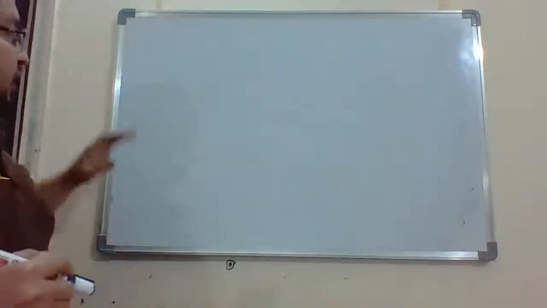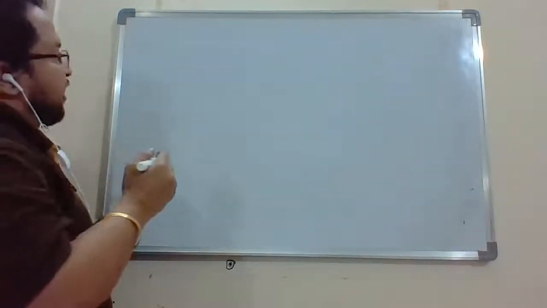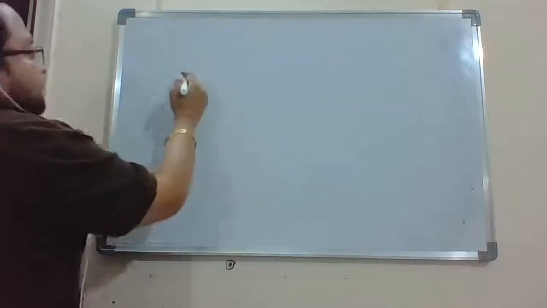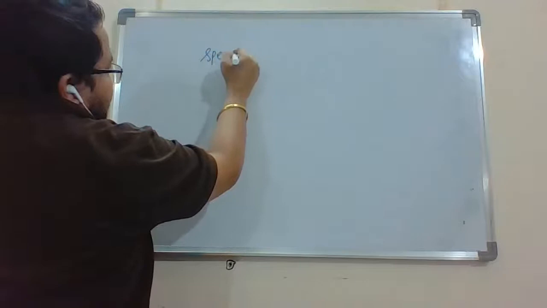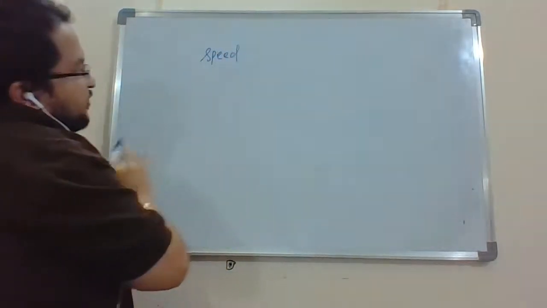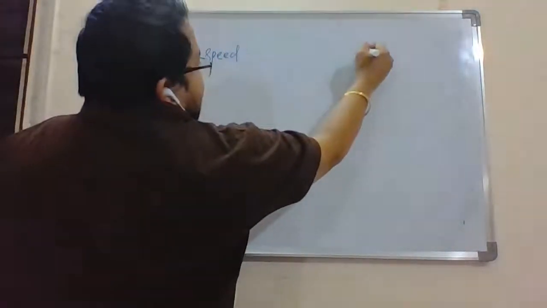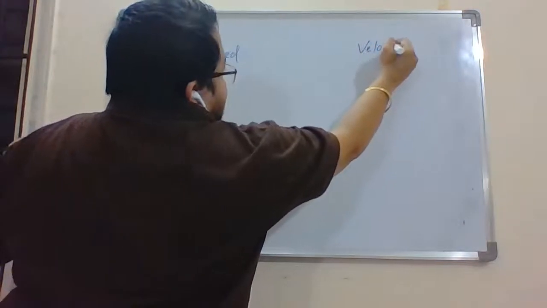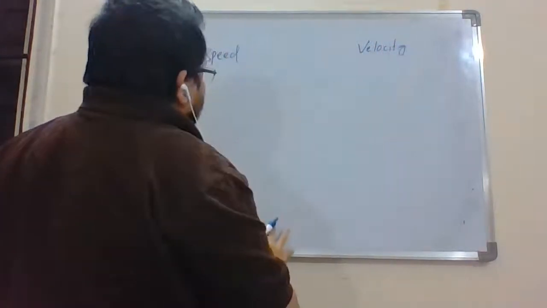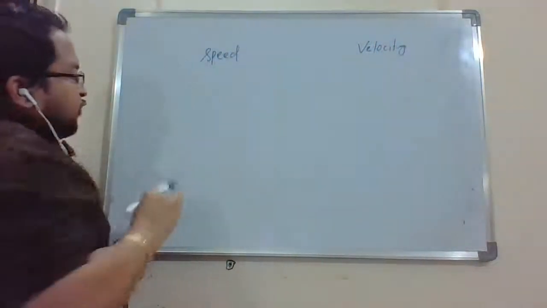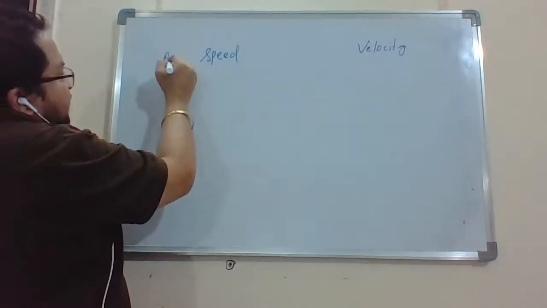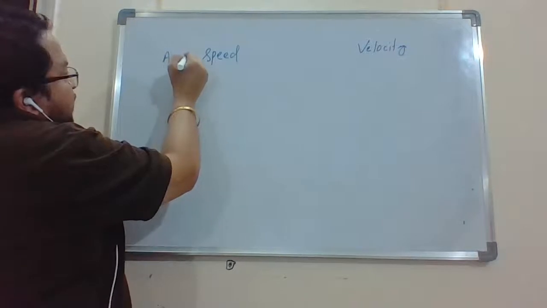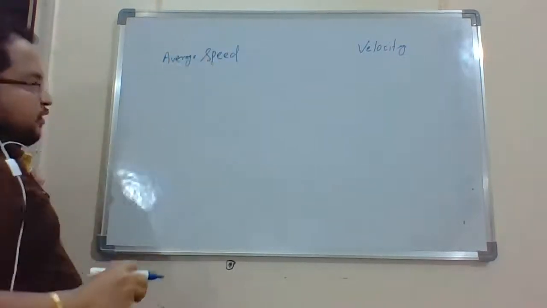Okay, so now let us define something called speed. We'll start with speed, and then we will go to something called velocity. I would start it with a term called average speed.